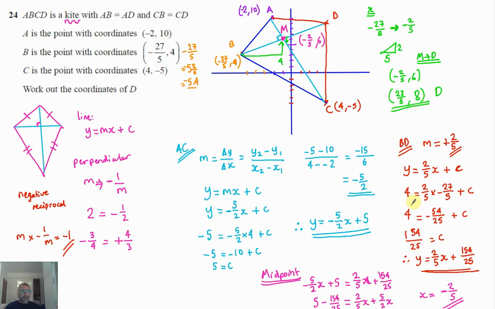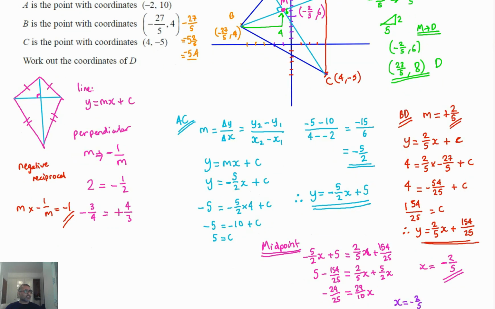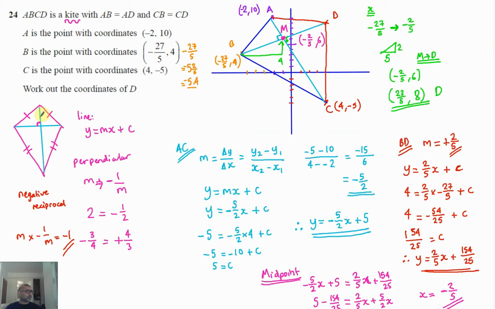So this is a good example of a question to do with kites. You've got to remember from year 7 that kites have perpendicular lines. And you've also got to be able to work out the equation of a line given coordinates. So you need to be able to find the gradient and the y-intercept by subbing in a coordinate to be able to work out the equation.